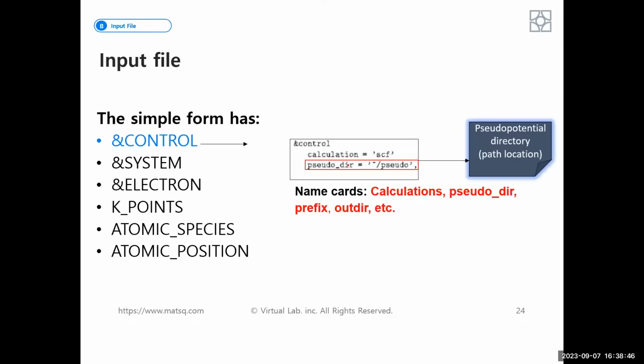Go to the next. There are different kinds of name cards, not only calculation or pseudo_dir. We also have prefix, outdir, etc. Each of these name cards has its own application and needs, but I'm only showing you the simple ones for the sake of understanding and explaining, in a really simple way.